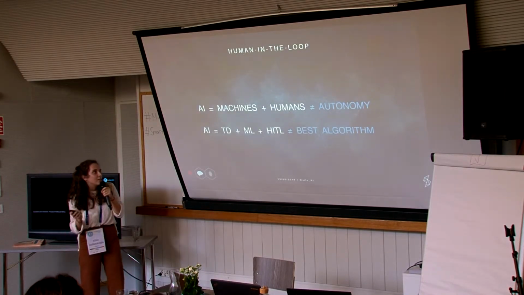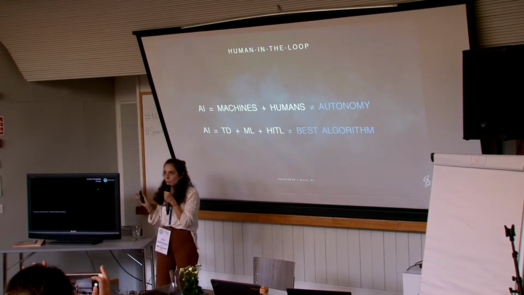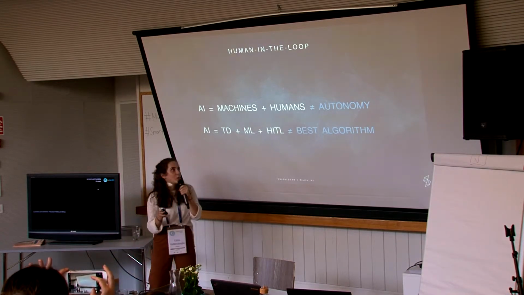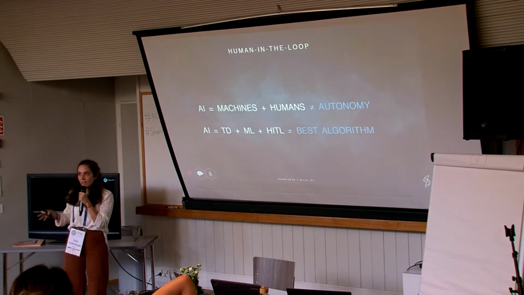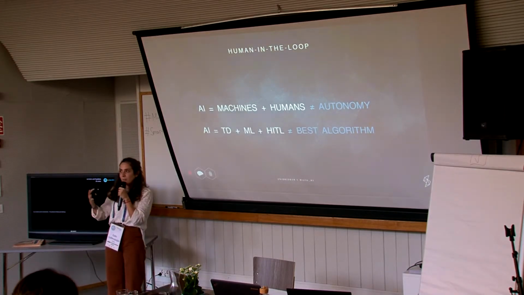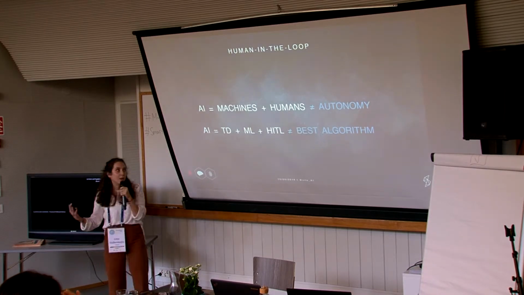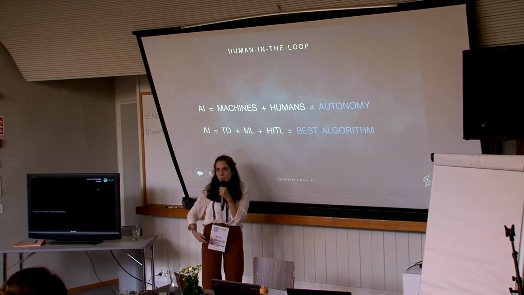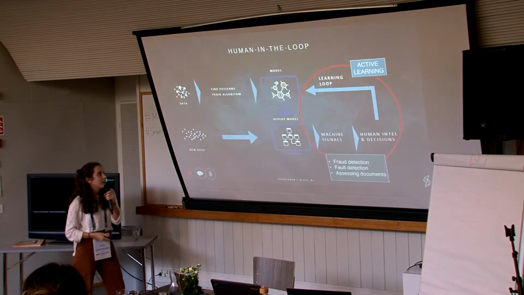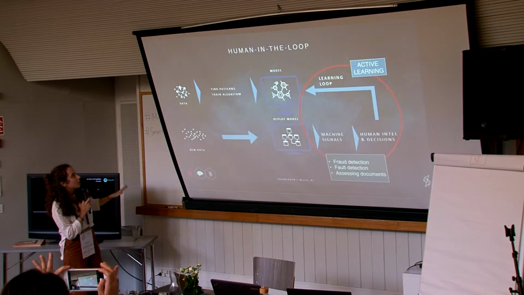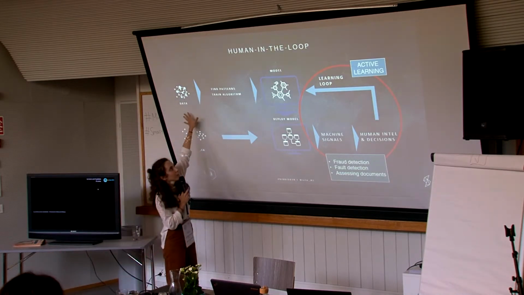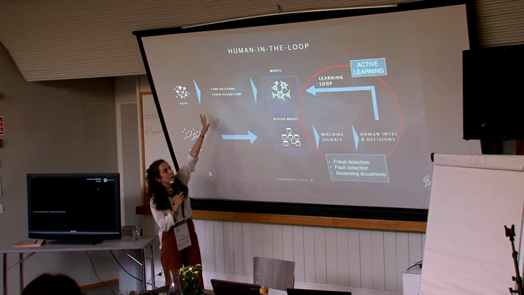I said that we have this wrong perception that AI equals automation, autonomy, but the ideal AI system that would make sense to design and use in real life is actually machines plus humans. So how can we make this happen? Let's look at this framework. You have your data, and you're trying to find some patterns.